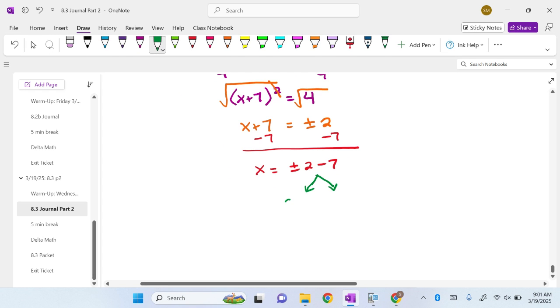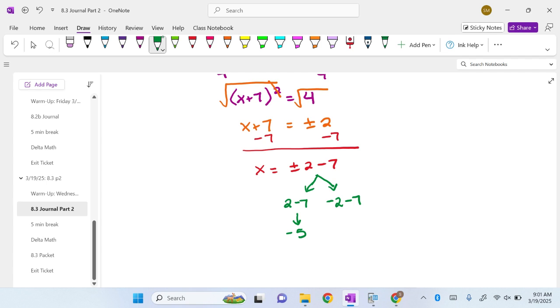So we're going to have positive 2 minus 7 and negative 2 minus 7. So what's positive 2 minus 7 equal to? Negative 5. What's negative 2 minus 7 equal to? Negative 9.